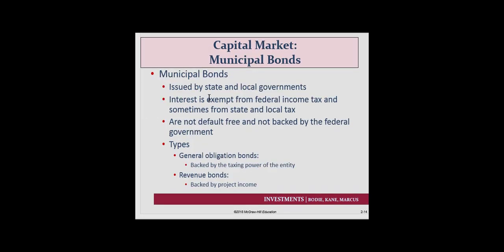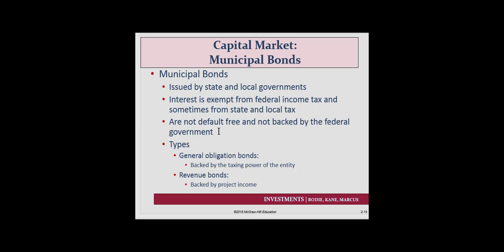Municipal bonds issued by state and local governments. One of the things that's interesting about state and local government debt is this debt interest is exempt from federal income taxes. So you will pay state and local taxes usually, but you won't pay federal taxes. Again, they're not default free, and they're not backed by the federal government.